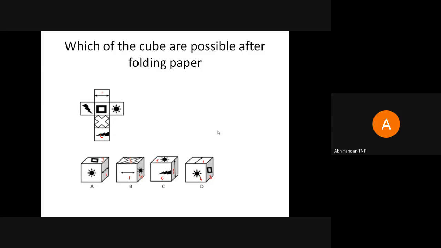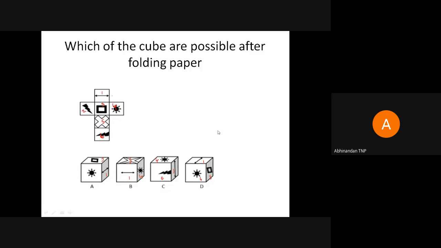So what I am going to do is write the numbers over here: 1, 2, 3, 4, 5, and 6. Now when you fold it, which sides will have the opposite values?